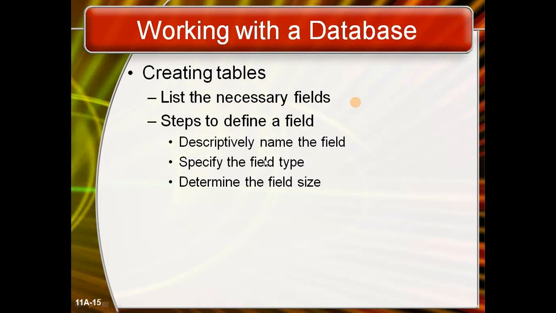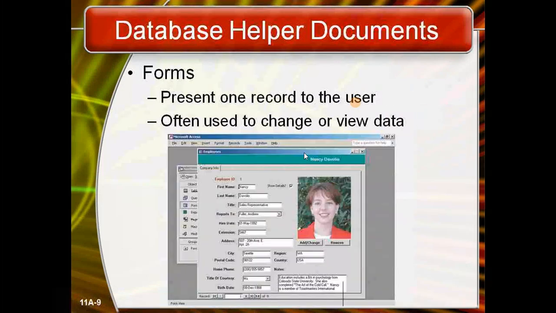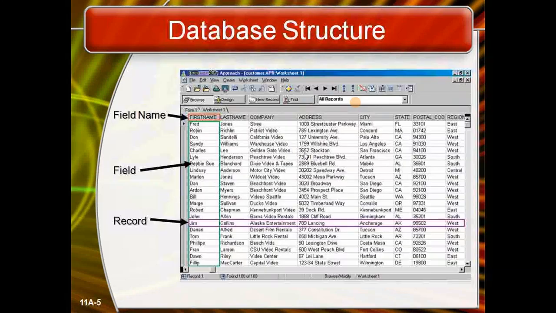Then, working with databases, you will need to create the tables and list the necessary fields. Steps to define a field may include the descriptive name of the field and the field type. Like in the previous table, there were the name of the field, the first name, last name, company name, and they have a type, like alphabetic.